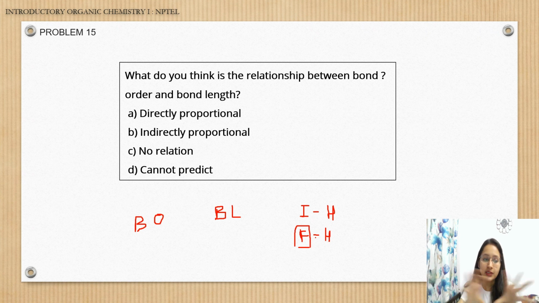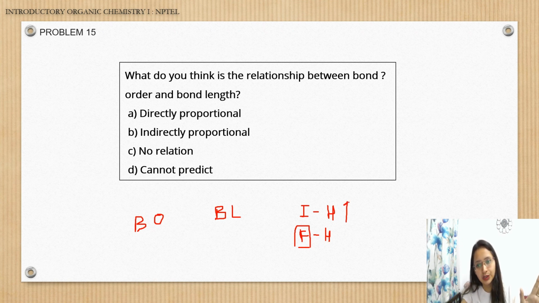For iodine, the atomic radius is very high. Iodine is way bigger than fluorine. That is why the bond length of hydrogen and iodine is high. Fluorine is a very small atom, and its atomic radius is very low compared to iodine. That is why the HF bond does not have as much bond length as the HI molecule.